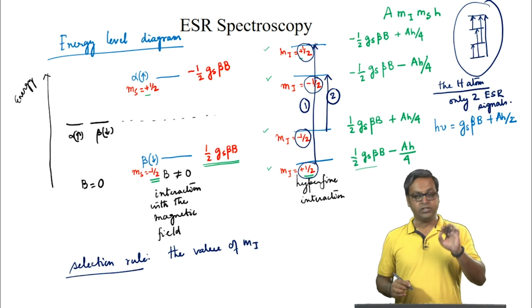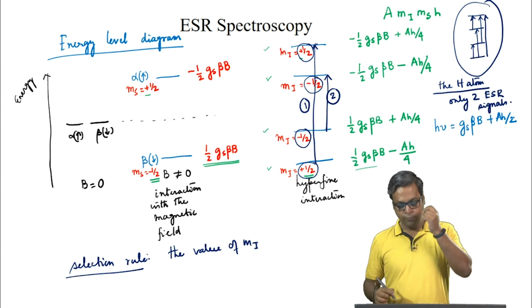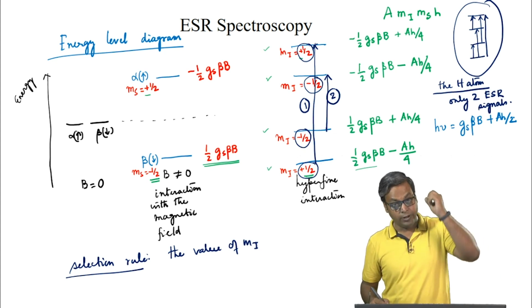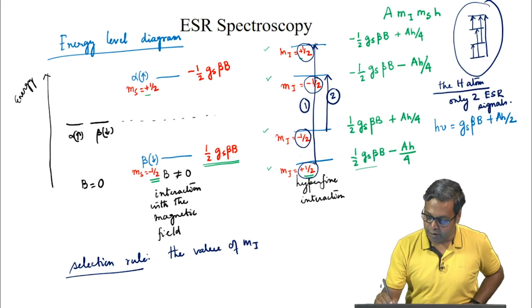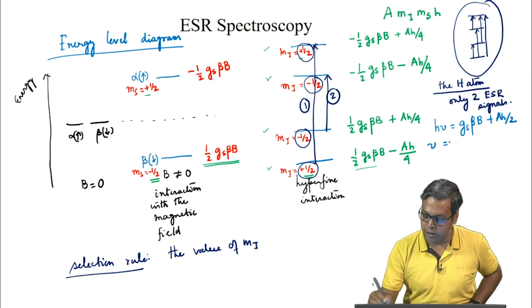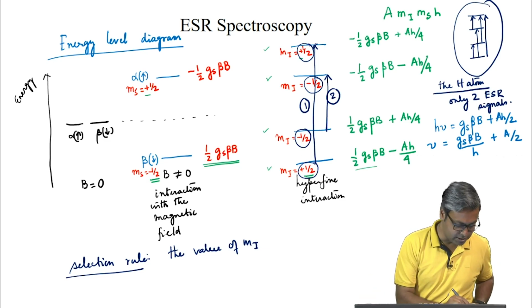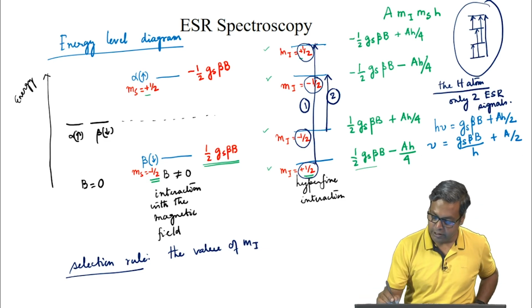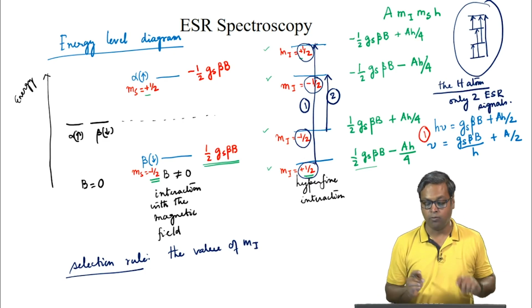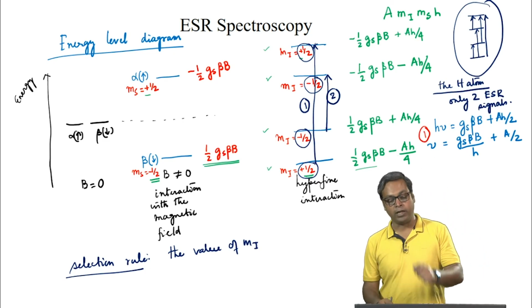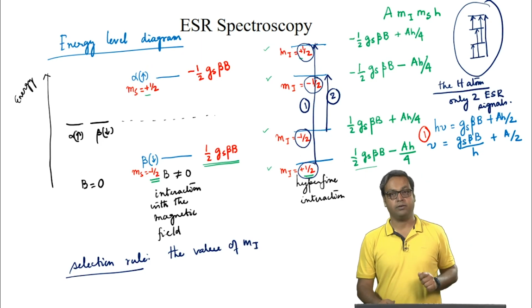This h nu is the energy, but if we want just the frequency, then we have to divide it by h. So, nu equals G s beta b divided by h plus A by 2. This energy difference is for process 1, that is m I equals plus half to m I equals plus half.